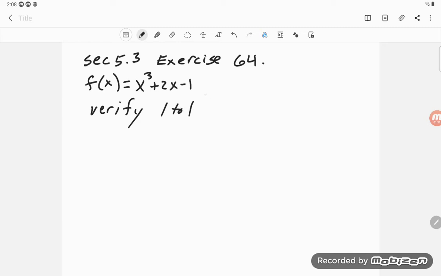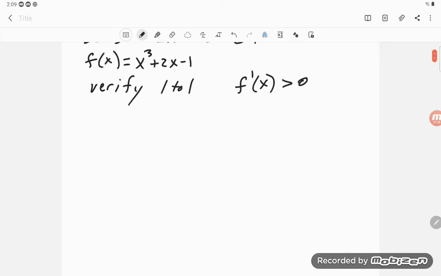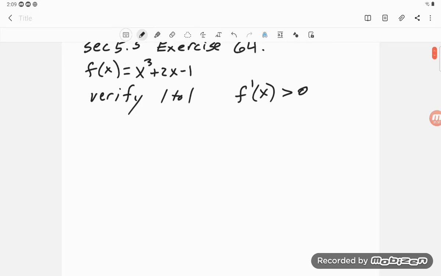Well, if f prime of x is always greater than 0 or always less than 0, then in that case I know the function is either always increasing or always decreasing, and so it would need to be 1 to 1. So that's what I'll do.